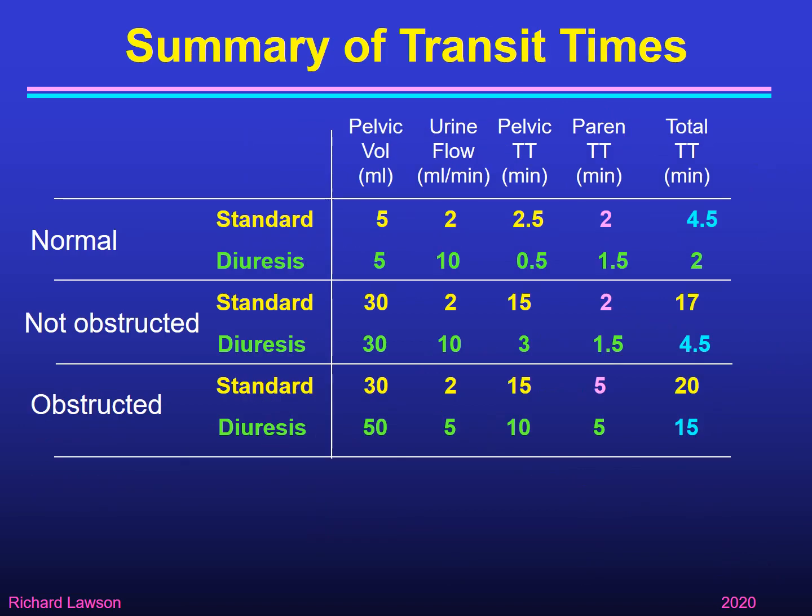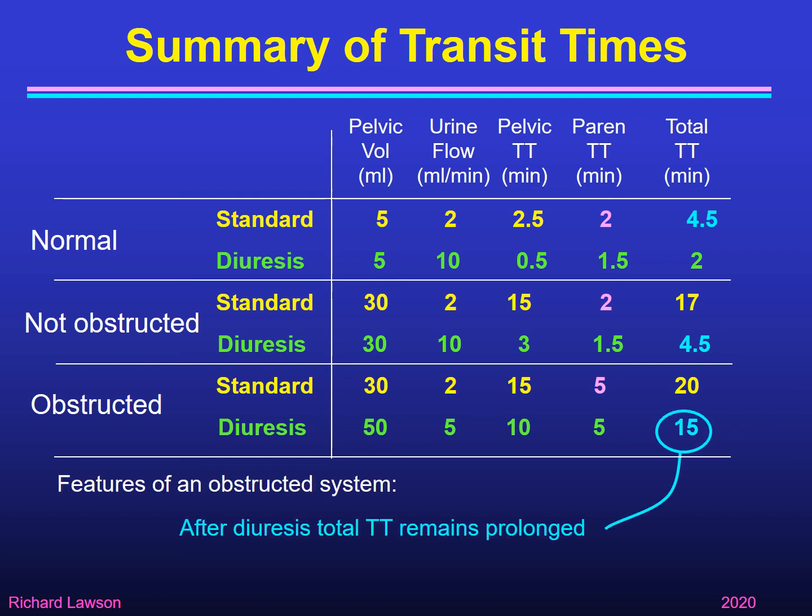So to summarise the transit times that I've just shown you in the last few examples, these are all the numbers that we've just been through. And for each one I've shown the result for the standard Renogram and for the Diuresis Renogram, and what we're trying to do is to distinguish diagnostically the non-obstructed system from the obstructed system. And if we look at these numbers, there's some things we can see.